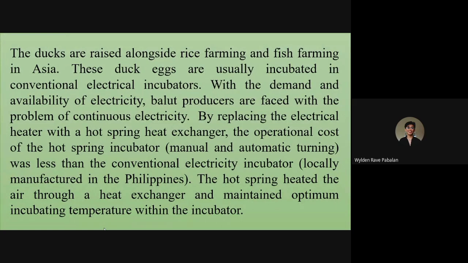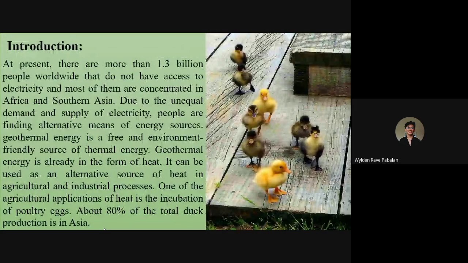By replacing the electrical heater with a hot spring heat exchanger, the operational cost of the hot spring incubator, manual and automatic turning, was less than the conventional electrical incubator locally manufactured in the Philippines. The hot spring heated the air through the heat exchanger and maintained optimum incubation temperature within the incubator.